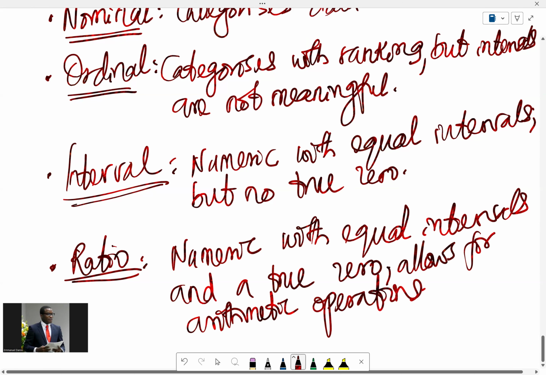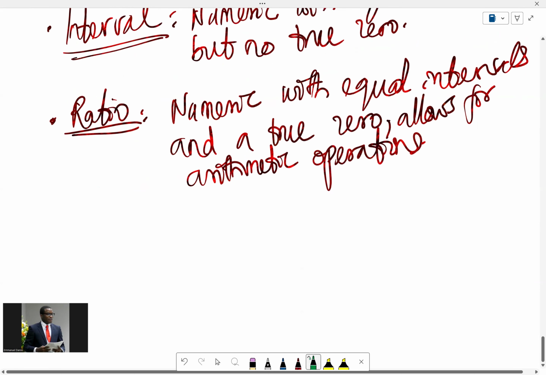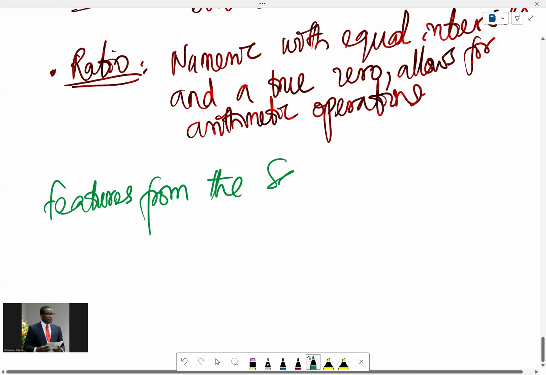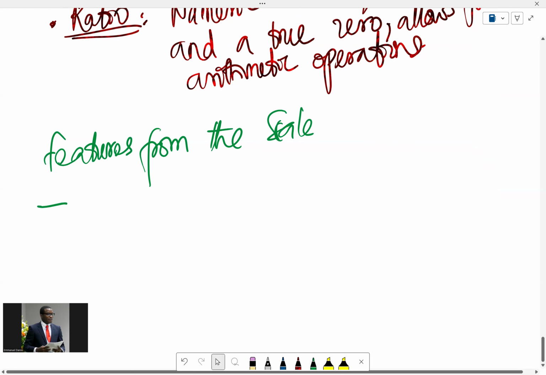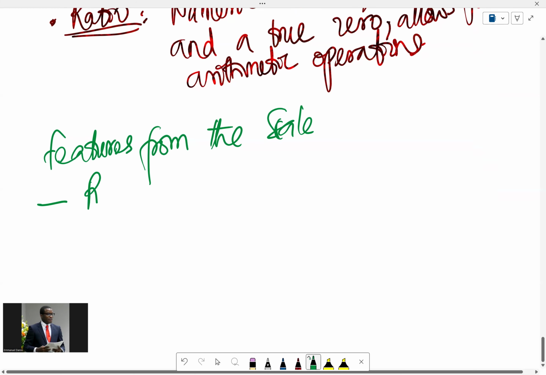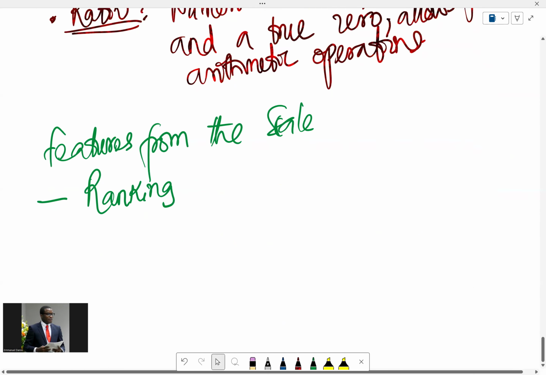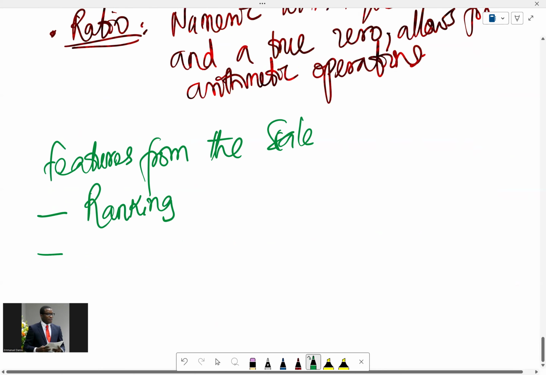Okay. Now, some features from the scales that we have seen, features that really matter would be things like, first of all, ranking.